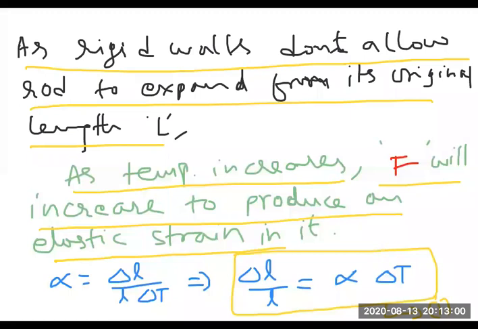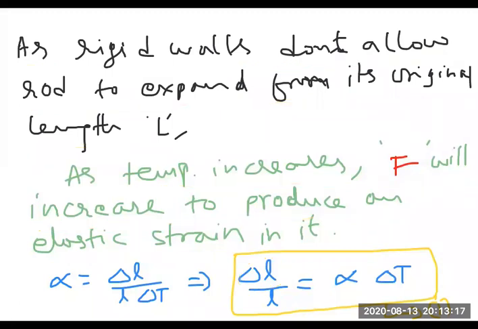Because of that elastic strain, the change in length, which I have taken as delta L, is produced. Delta L is a small change in length. So we know from the thermal properties of matter chapter, expansion of solids, linear expansion.